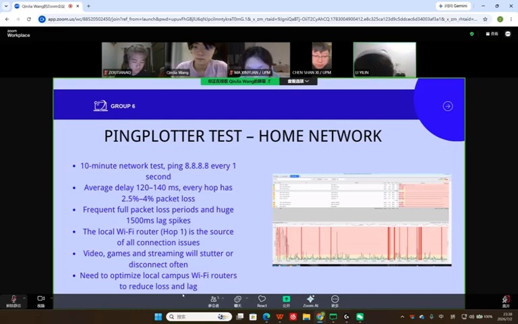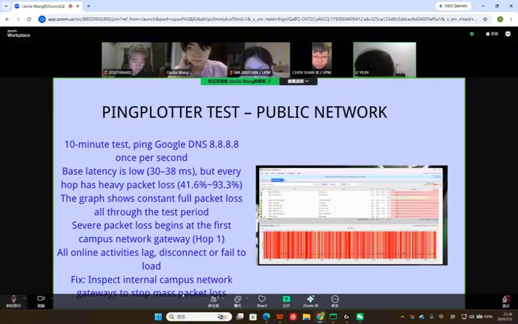Next page. The last test is a public network. Its best latency is low, around 30 to 38 ms, but every hop suffers heavy packet loss from 41.6% to 93%.